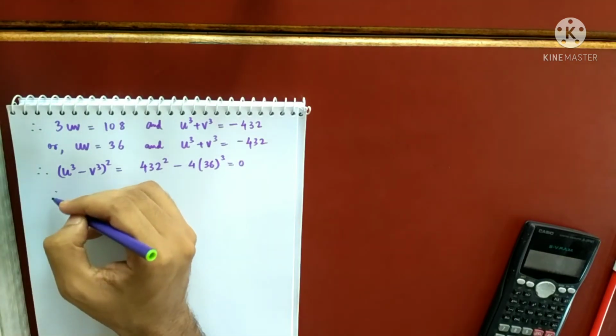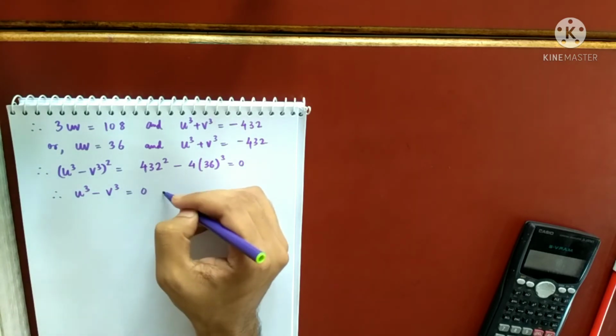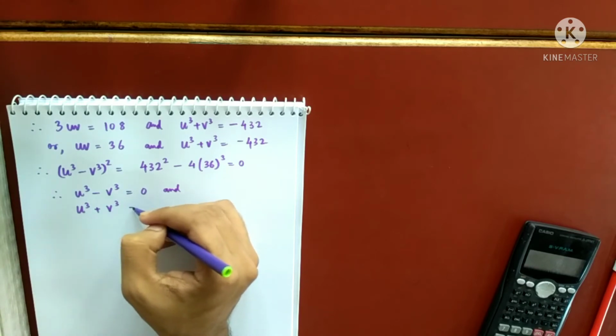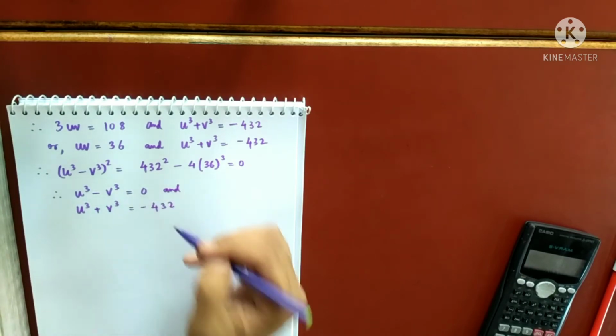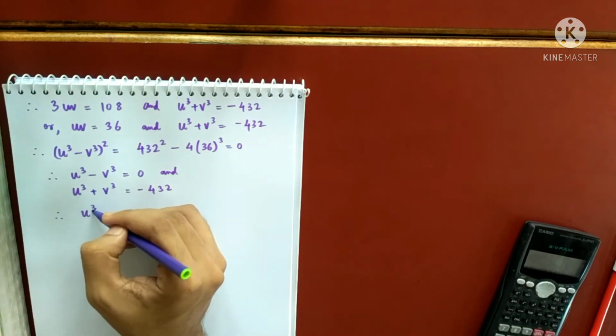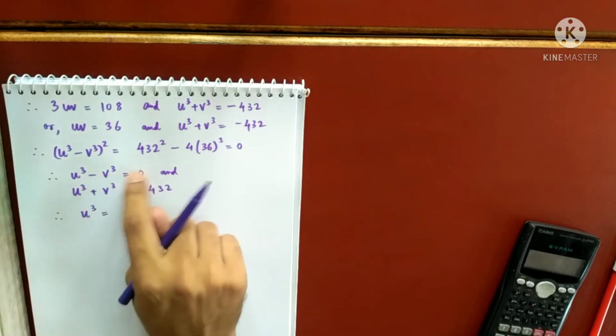So therefore u cube minus v cube is coming as 0, and u cube plus v cube is already minus 432. So what I had told you, both will be the same this time, because u cube is the same as v cube, as you can see from here.